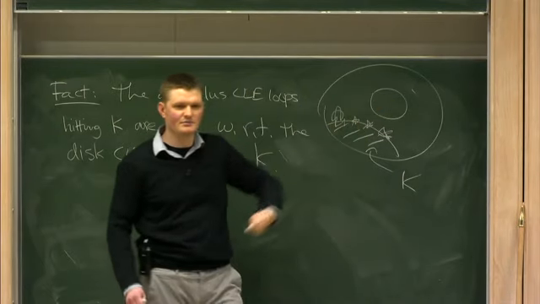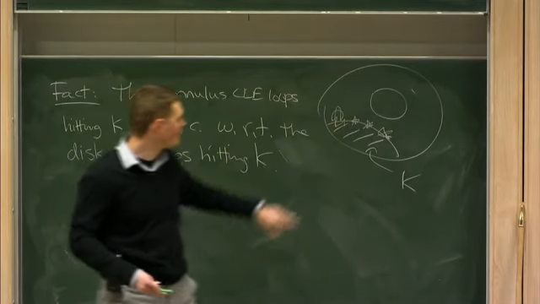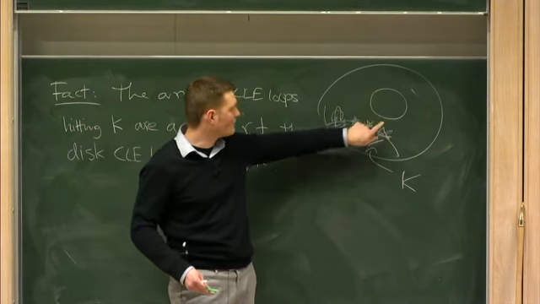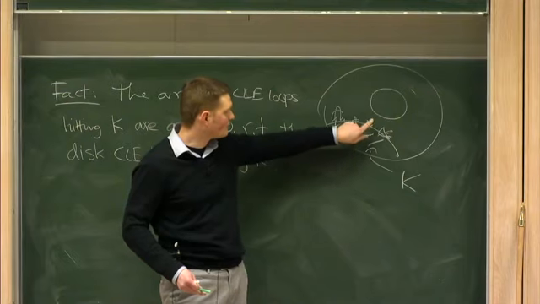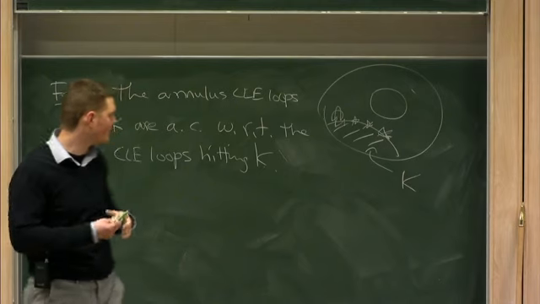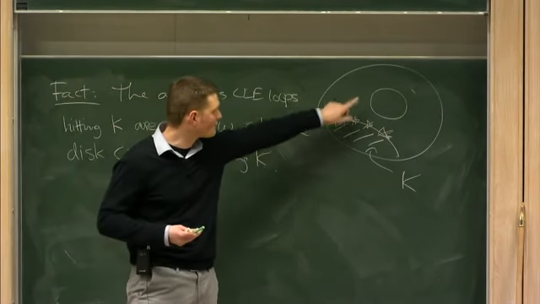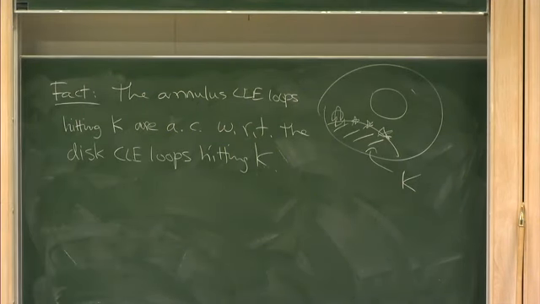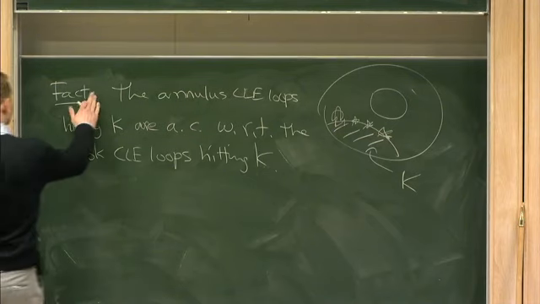So there's always some positive probability that none of the Brownian loops contained in the disk that hit this inner domain will also hit this part. And in that case, the loops are going to be the same. Of course, the ones on the inside will be a bit different. But the point is, if you stay away from the inner boundary, the law of what you get is absolutely continuous with respect to disk CLE. So let's call that fact 1.